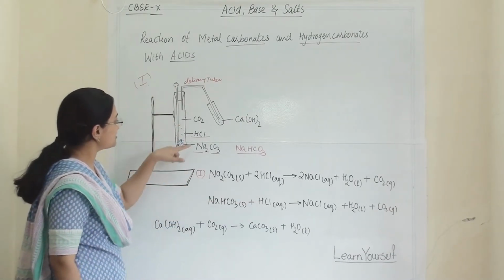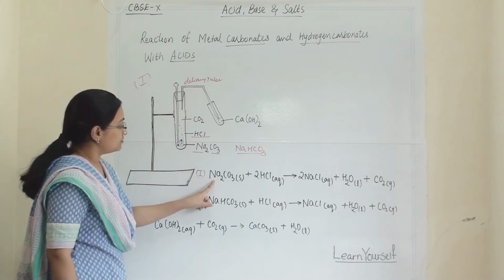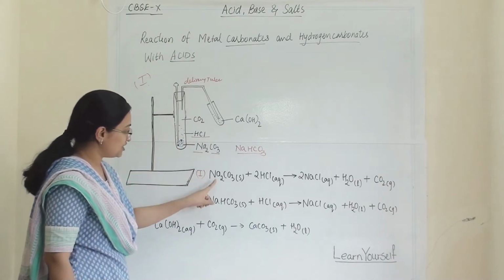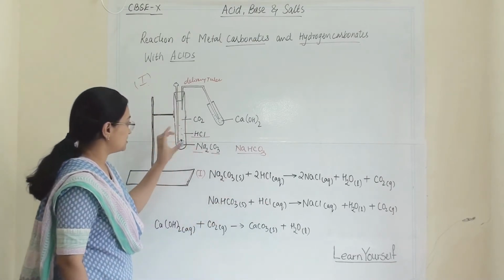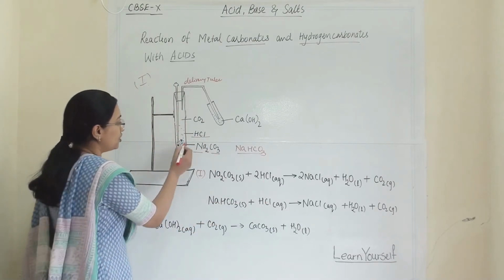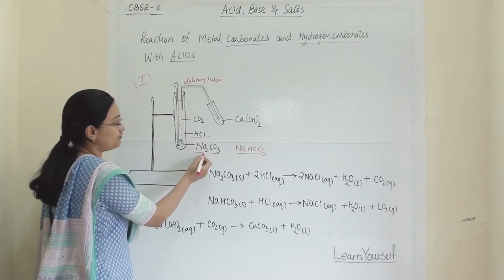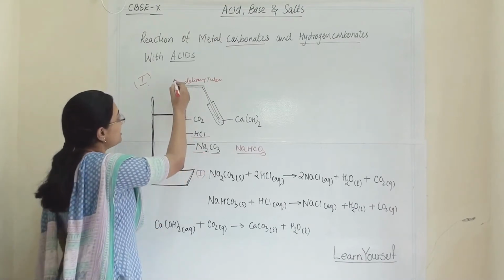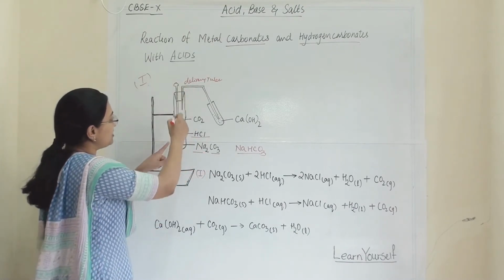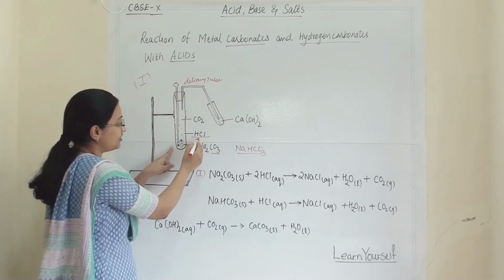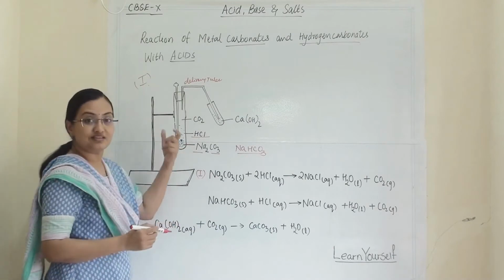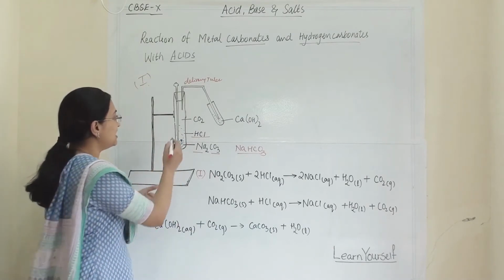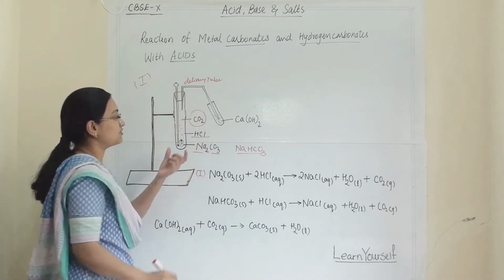So in this experiment, metal carbonate, that is sodium carbonate, is going to react with HCl. What particles you are seeing here are metal carbonate, and from the thistle funnel we are going to add hydrochloric acid in a drop-wise manner. Once they start reacting, we will get carbon dioxide gas.